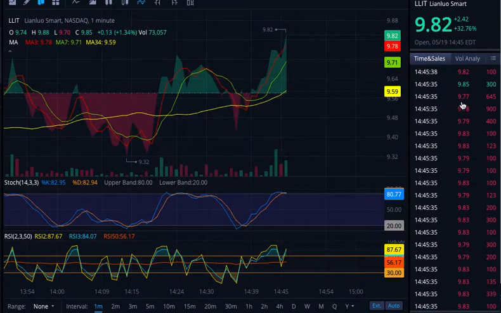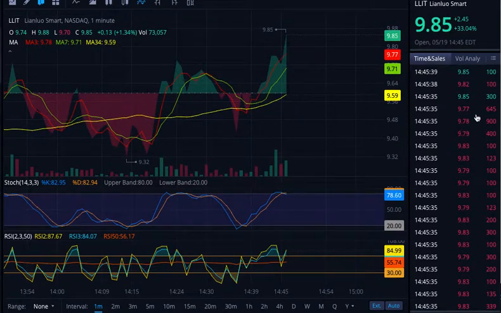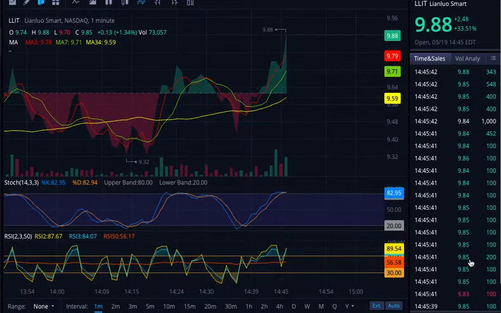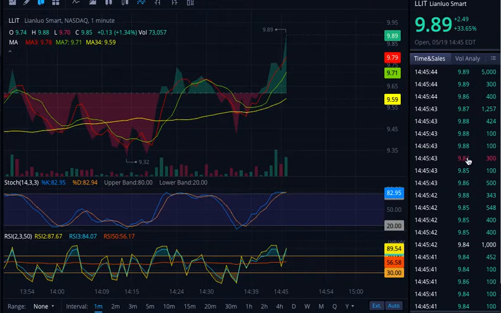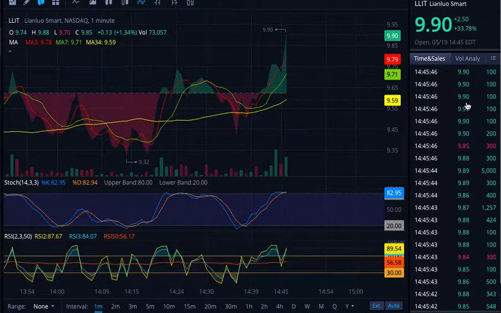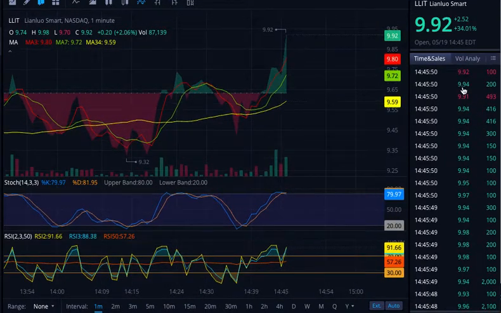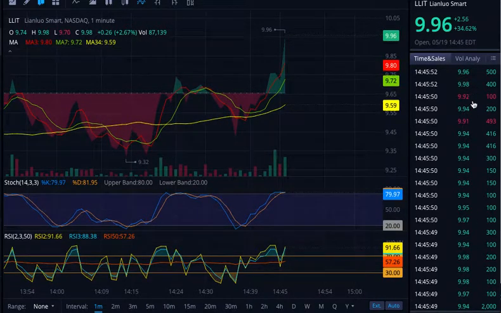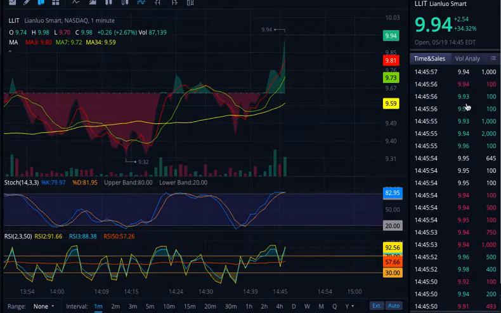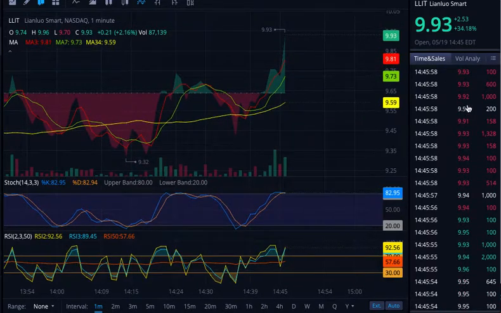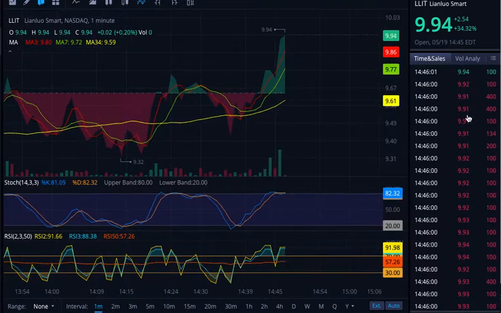Look at this. All these buyers are bringing the price back down to 945, 984. And all these transactions are going through in milliseconds. This is going a lot faster than it's going here on the computer. These transactions are a lot faster because they're being done by the second.